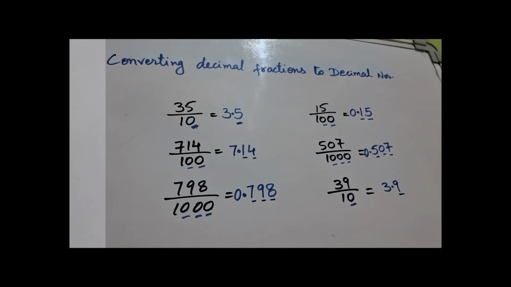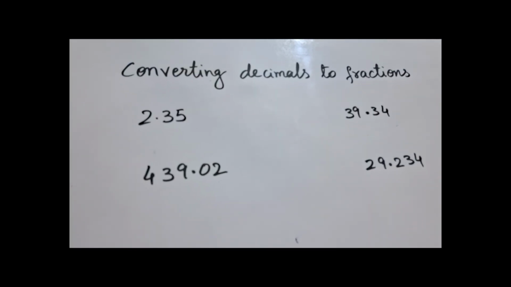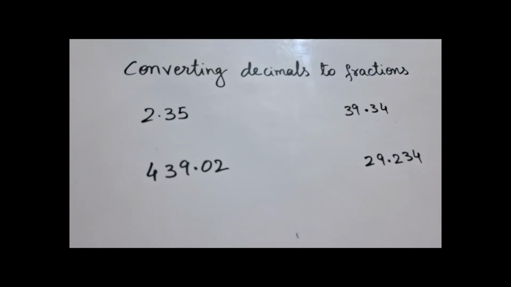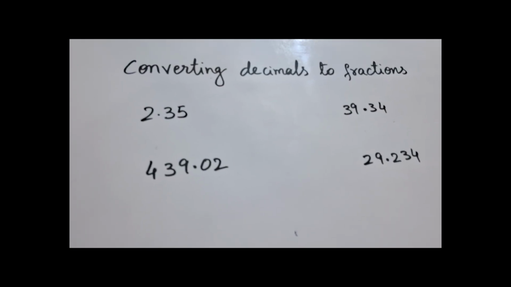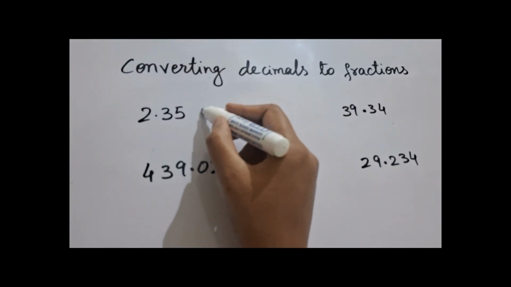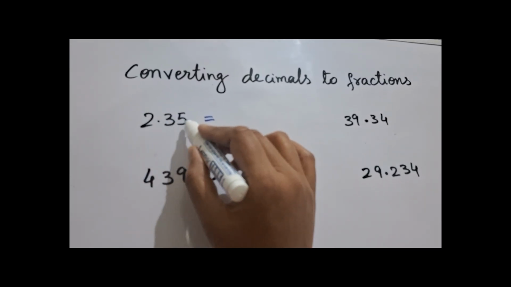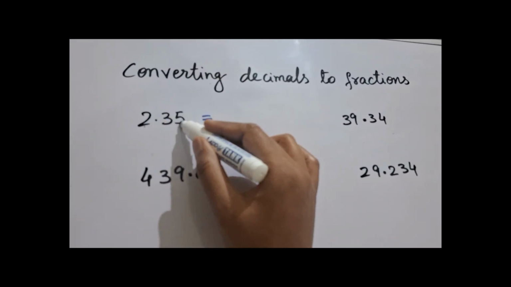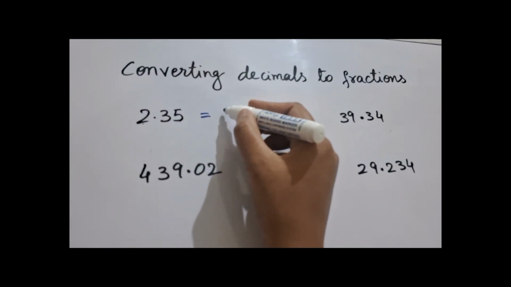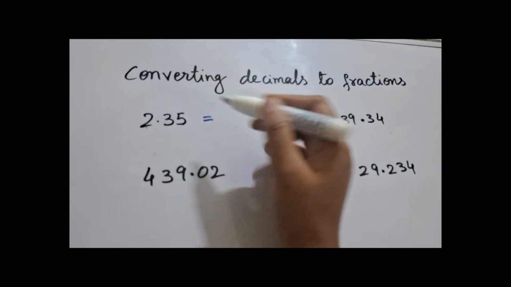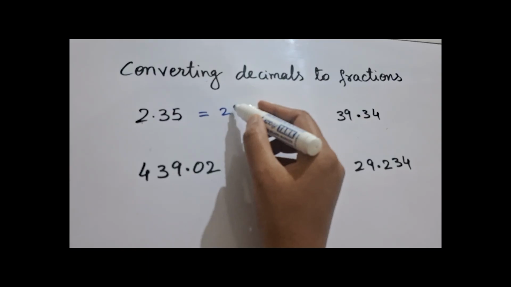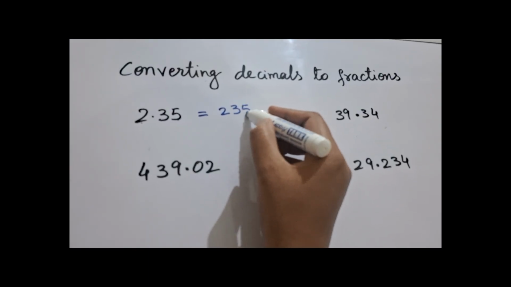Okay, children. Now let's see how to convert decimal numbers to fractions. Here also I am going to tell you one trick, children. Whatever number is there, whole part and decimal part, without putting the decimal point, you write that number as it is in the numerator place.